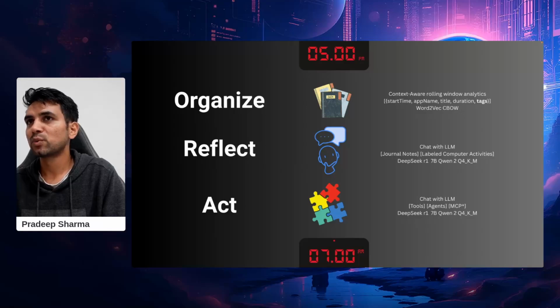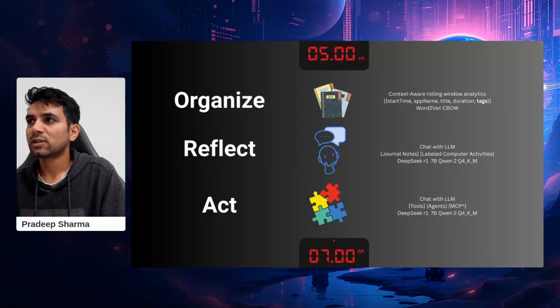And we have some prompts which prompt the LLM to reflect on this data that we are giving to the LLM. Usually, in the end, I ended up using DeepSeek R1 7 billion, which has been distilled from the Qwen 2.5. This is a mistake, not Qwen 2, Qwen 2.5, and a Q4 quantized model. So that's what I ended up with. But I also used other models as well, which we will cover later.